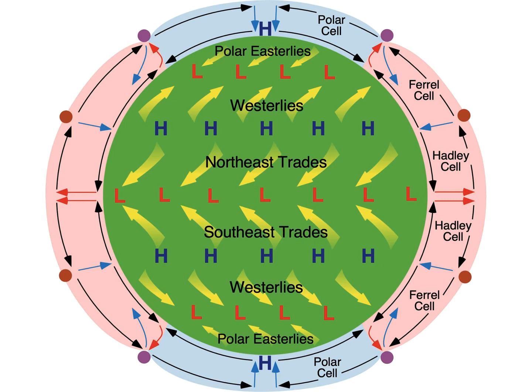In between the subtropical highs and the polar lows, we have the westerlies, and they blow from lower latitude to higher latitudes, west to east. And then the final band of winds are the polar easterlies that blow from east to west, and they blow towards the equator.